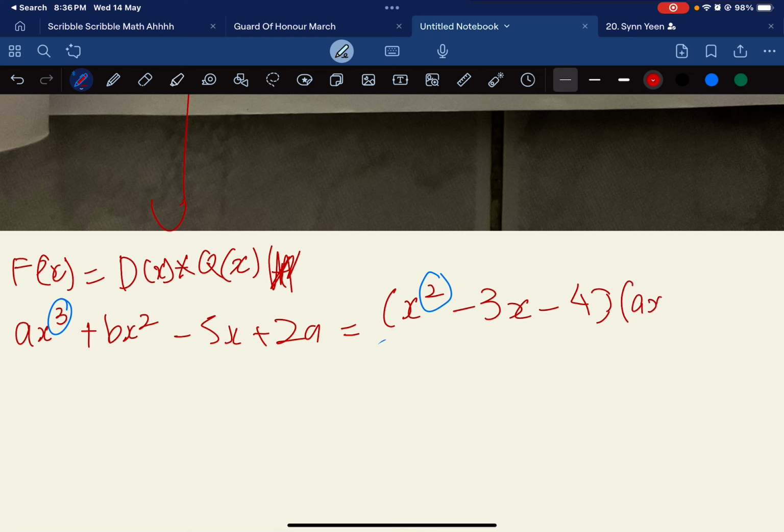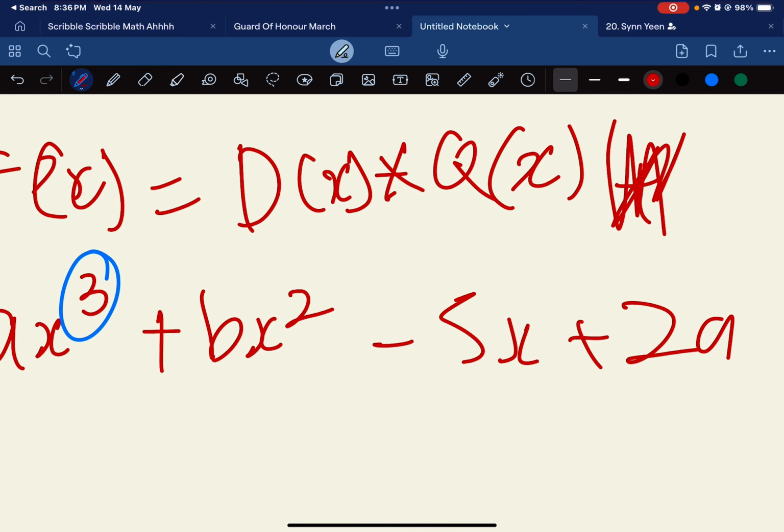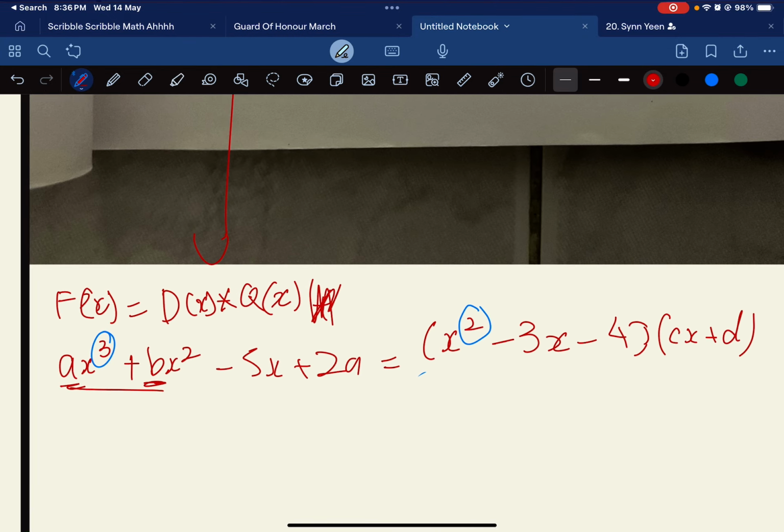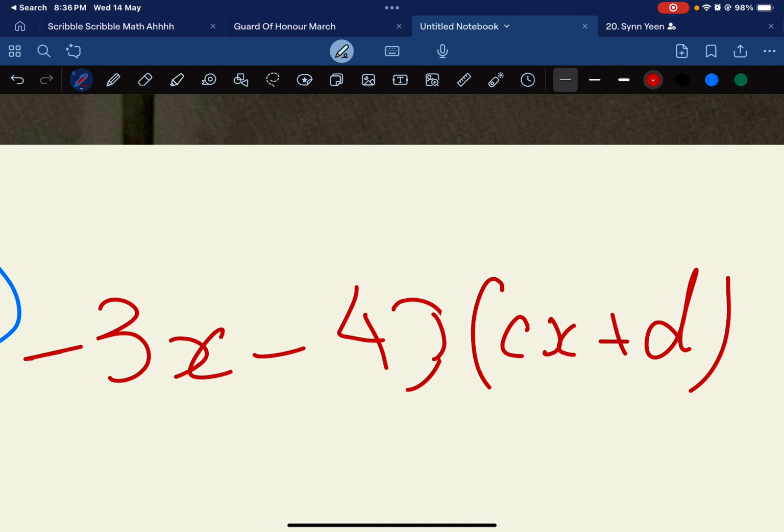In this case, however, we cannot write ax plus b. We have to write cx plus d, because here there's already a b and an a. You will confuse yourself and the invigilator, since you're finding a and b. So cx plus d.